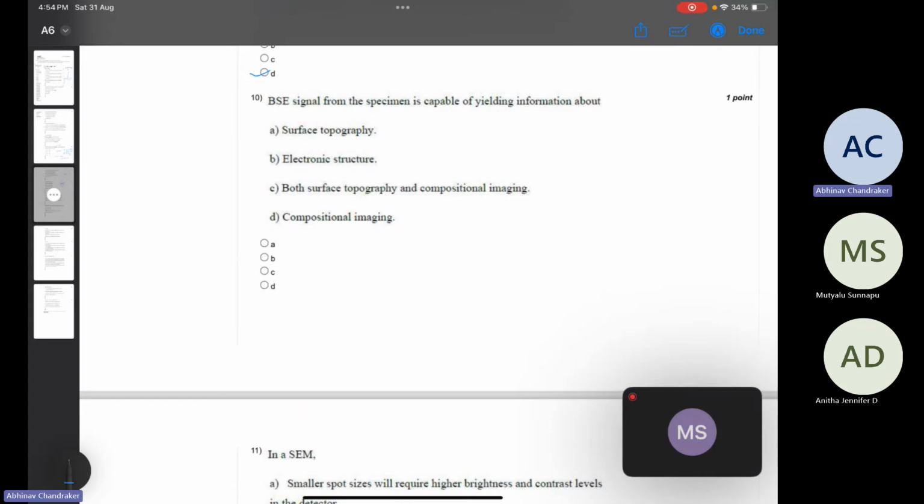We know that surface topography information comes majorly from SE electrons, and BSE can tell you about the atomic number of the elements. Electronic structure is only partially right because it does not tell about the electronic states of the atoms.